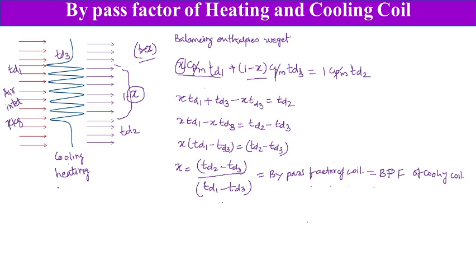So if this is a cooling coil, then we get this bypass factor, or x is equal to TD2 minus TD3 divided by TD1 minus TD3. This is for heating coil.